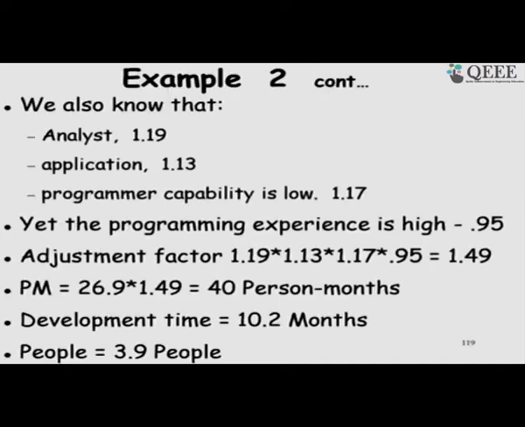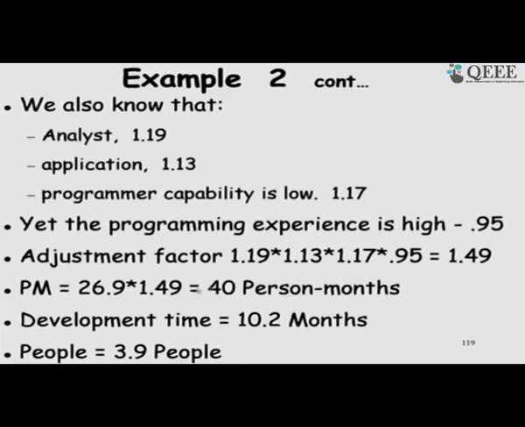Then we use those factors, analyst capability 1.19, we look up the table of values, and multiply each of them directly with 26.9, and we get 40 person months.